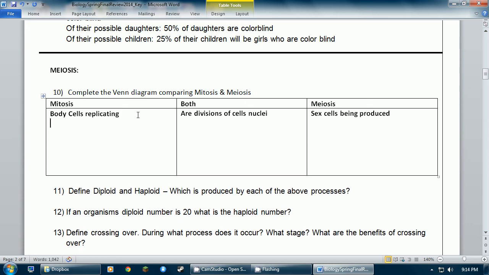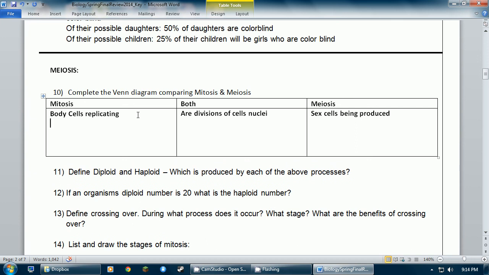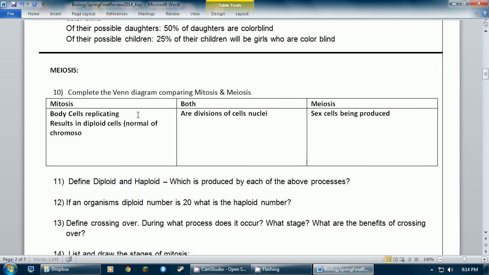There's a lot more information we ask you to know about this, though. It results in diploid cells, which means the normal number of chromosomes. On the other hand, the meiosis process results in half the number of chromosomes as usual, and we call that haploid.